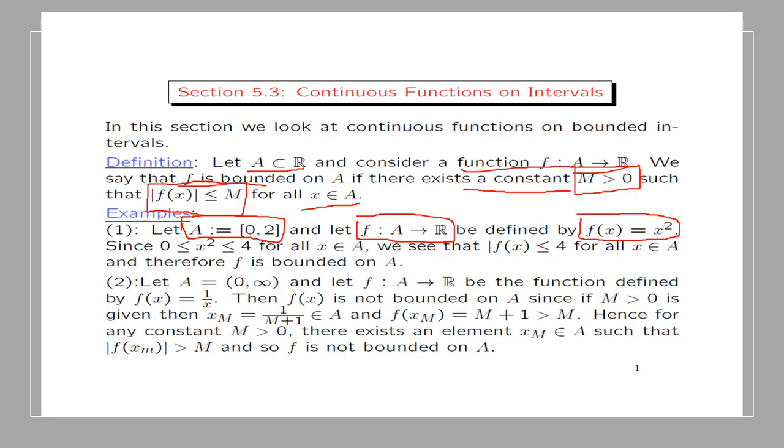Then if x belongs to the interval 0 to 2, x squared lies between 0 and 4, and therefore f of x lies between 0 and 4 for all x in A. So the magnitude of f of x is less or equal to 4 for all x in A, so f is bounded by 4.